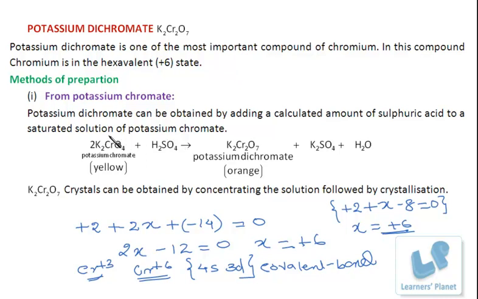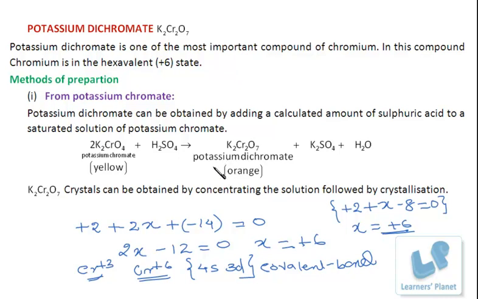Potassium chromate is yellow in color, and to this solution, if a calculated amount of sulfuric acid is added, potassium dichromate can be obtained, which forms orange colored crystals. These crystals are obtained by concentrating the solution, followed by crystallization.